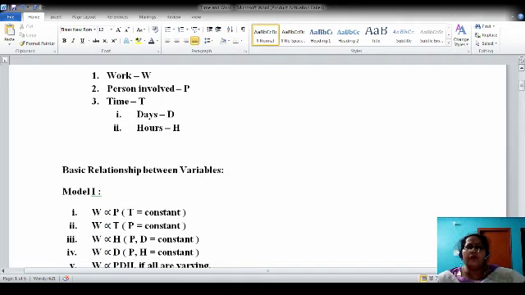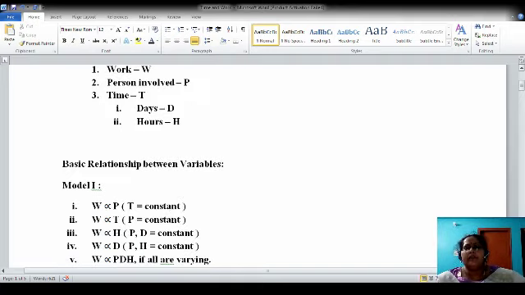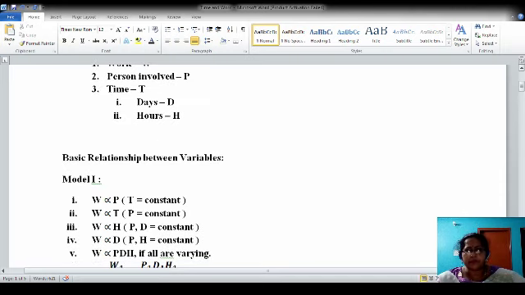And now if all these are varying, then of course W will be proportional to PDH. So work will be proportional to the product of the number of persons involved, number of days, and number of hours. And one thing, if in a problem we have only days and not hours mentioned, then of course that H goes away, or vice versa.